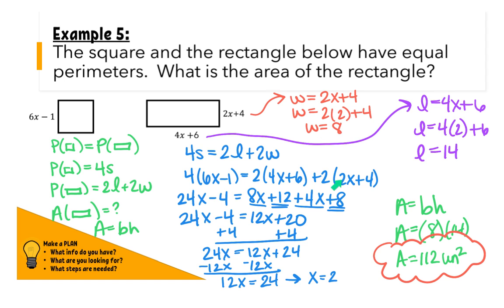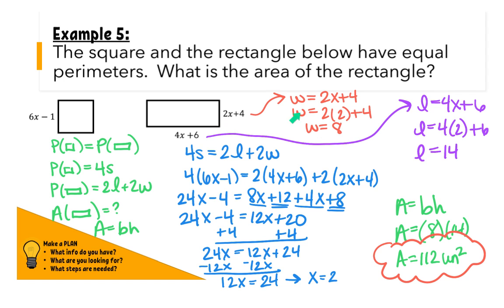I substituted in the side lengths for the rectangle. Simplifying those, you end up with 12x plus 20. Solve that equation and you get an x value of 2, which is great, but that's not what this question was asking for. This question was asking us for the area of the rectangle, and we now have the value of x.